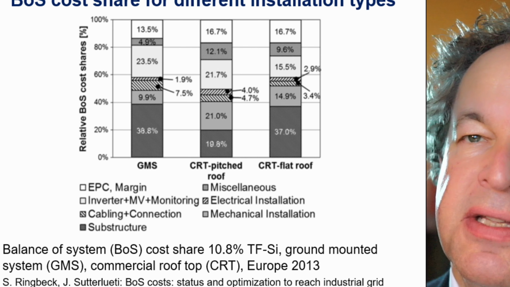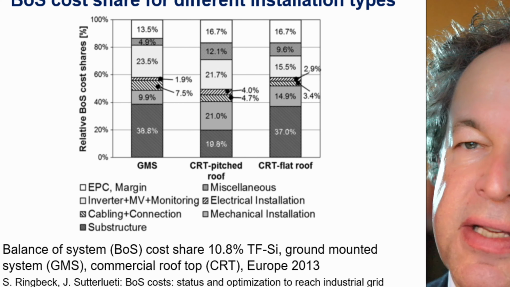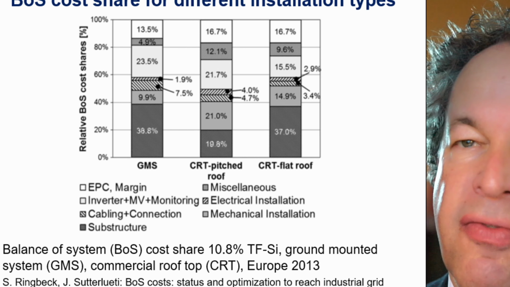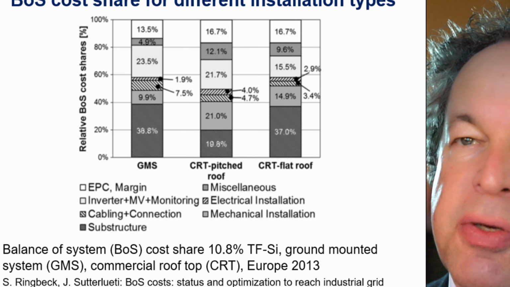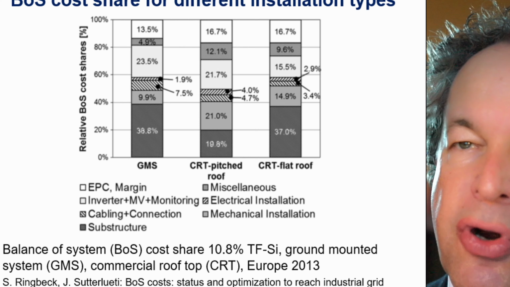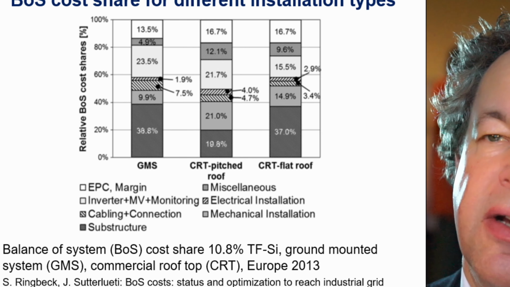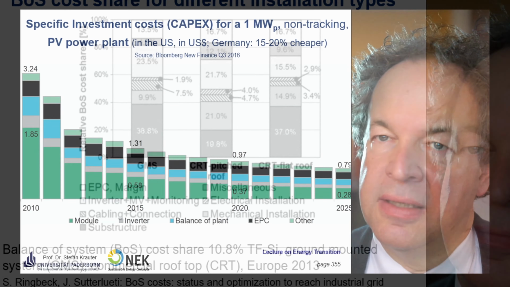So you see here the different shares. The most costly is the substructure. If you go to the middle part, where you have a pitched roof, then the substructure is considerably cheaper, but you have more labor costs and so on. Almost the same applies for the right part, which is a flat roof construction.